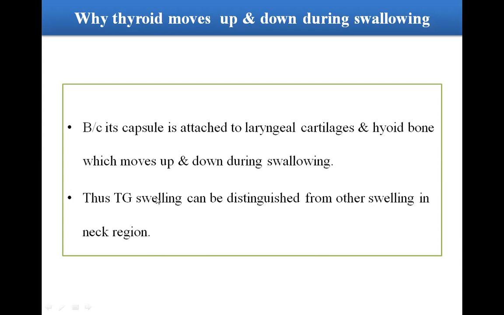So the thyroid gland moves up and down during swallowing because its capsule is attached to the laryngeal cartilages and the hyoid bone. This is one of the most important points to distinguish other swellings from thyroid swelling.